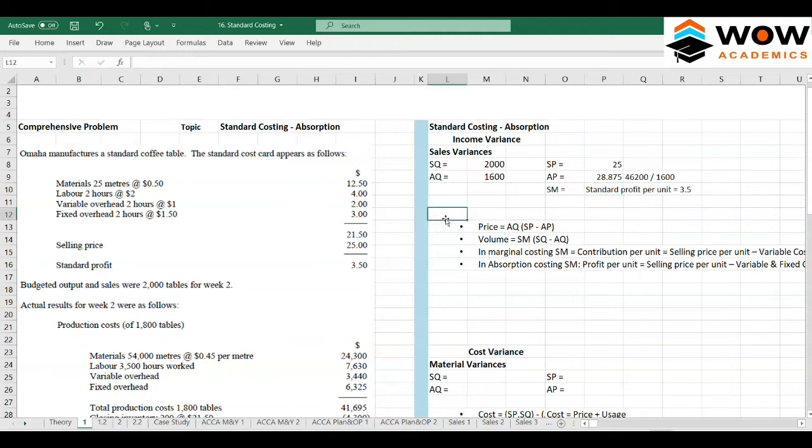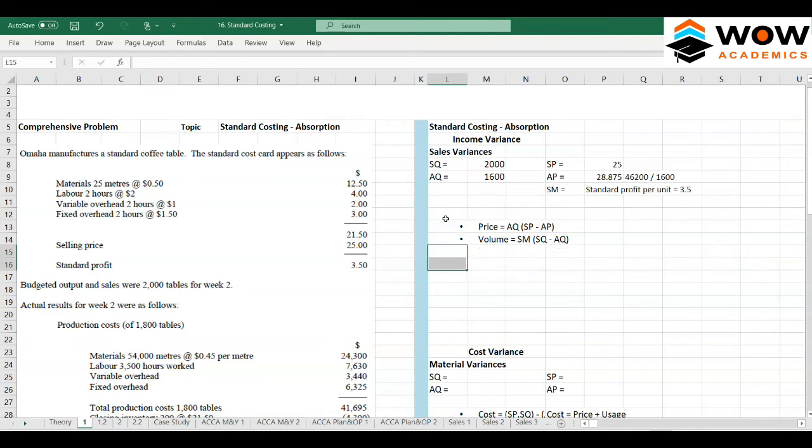So now we have to work out the ratios. We already have it here, so we can work out directly here. We need AQ, which is 1600, into SP minus AP. SP is 25 and AP is 28.875.